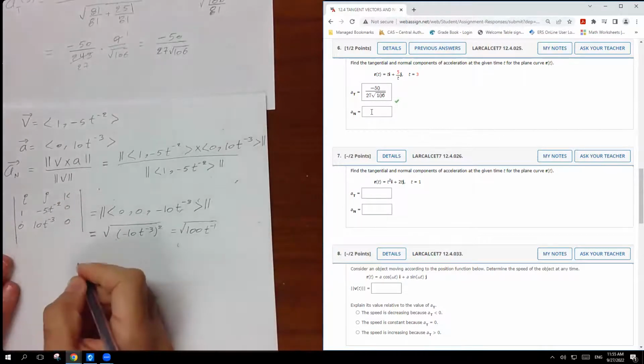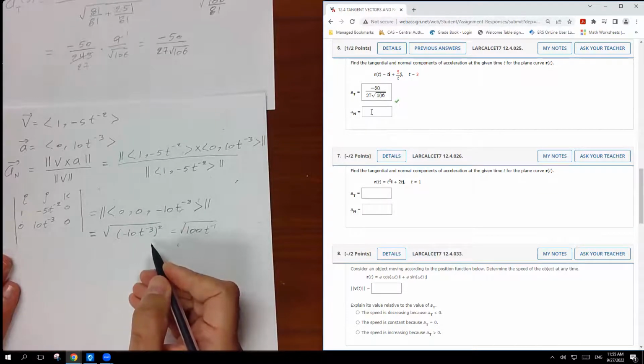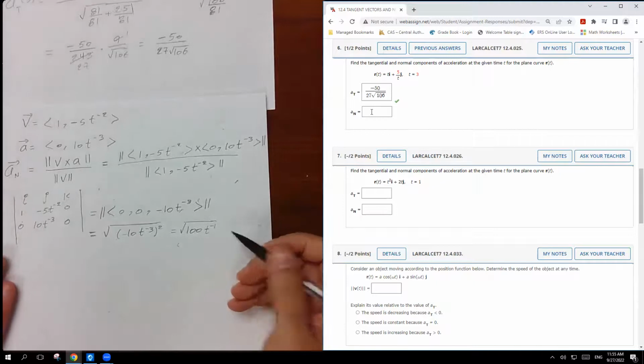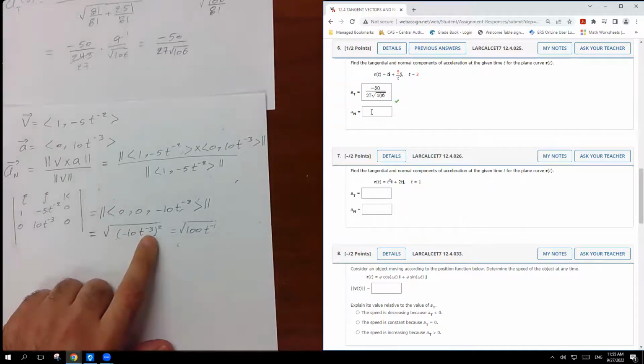So let's plug in. We need to find with respect to the T. Let's check here. The length is negative 5, this is negative 10, T to the negative 3, and this is squared.